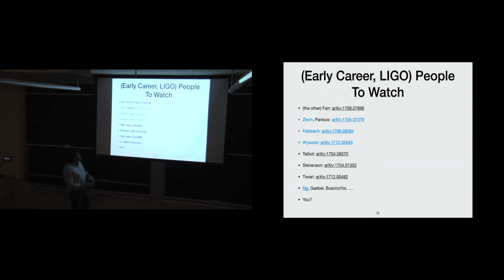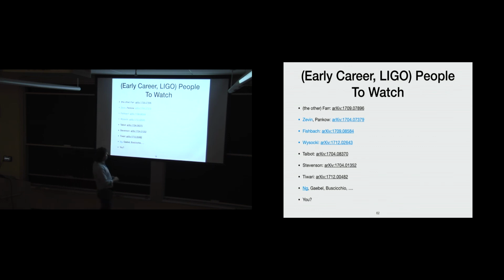Daniel Wysocki is a graduate student at RIT. He works with Richard O'Shaughnessy and does all sorts of population models in mass and spin space with all sorts of complicated regularizations because the parameter space gets too big. Colin Talbot is at Monash in Australia. He's done some really nice work on the possibility of having an accumulation of black holes near that upper mass cutoff, things that almost went pair-instability supernova but didn't and pile up there.